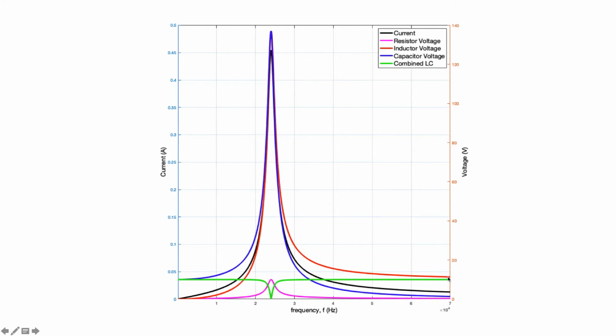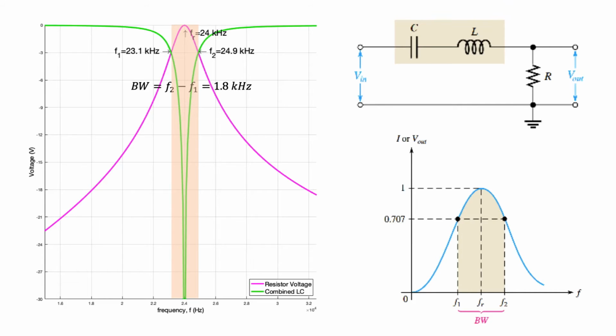If we now take a closer look at the resistor voltage and the voltage across both capacitor and inductor only, we have the following curves. Using our knowledge of the voltage divider and taking the voltage across the resistor, we have the magenta curve.